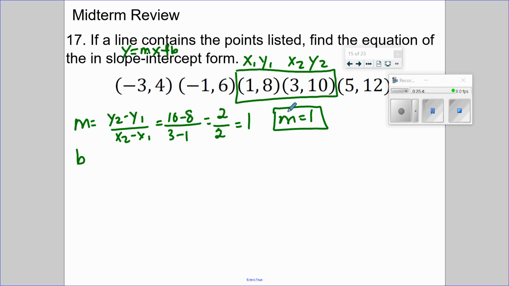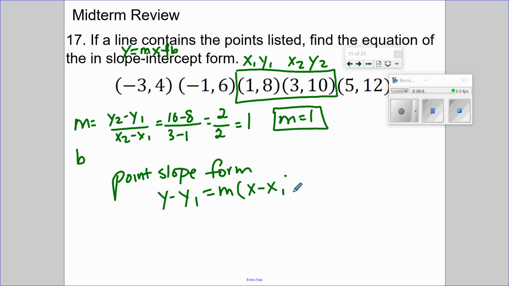So I don't know what the starting point is, so this is where we have to use point-slope form, which is y minus y1 equals m times x minus x1. Well, I know my slope is 1, and I'm going to use the x1, y1. Y minus y1 is 8 equals, my slope is 1, open your parentheses, x minus my x1 is 1.